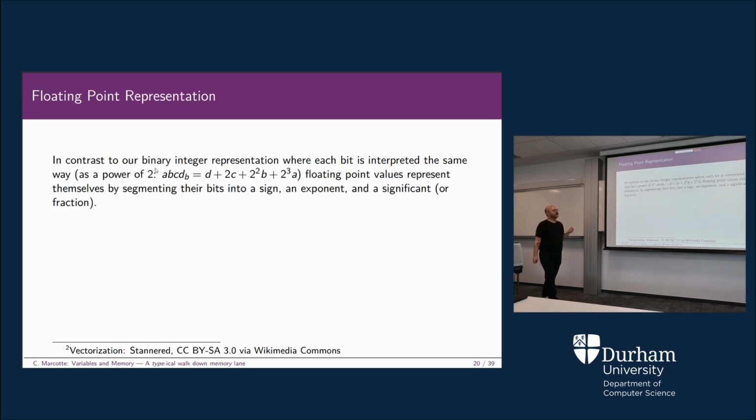For floating point numbers, we have a binary integer representation where, of course, each bit is represented the same way. However, floating point values segment themselves into some number of bits for a sign, for an exponent, and for a significand, or what's sometimes called the fraction part.